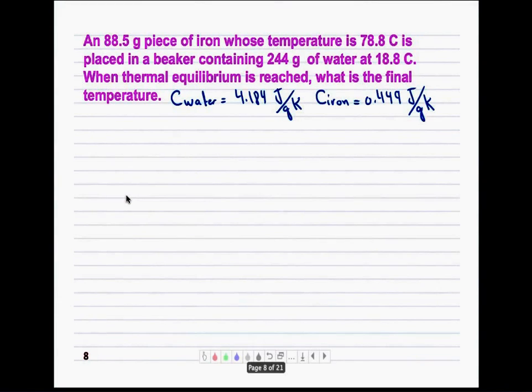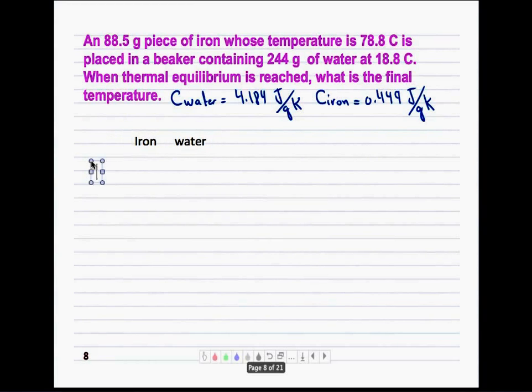So an 88 gram piece of iron, so I have an iron, and the mass of that iron is 88.5 grams, whose temperature, so T initial for iron, equals 78.8 degrees Celsius, is placed in a beaker.